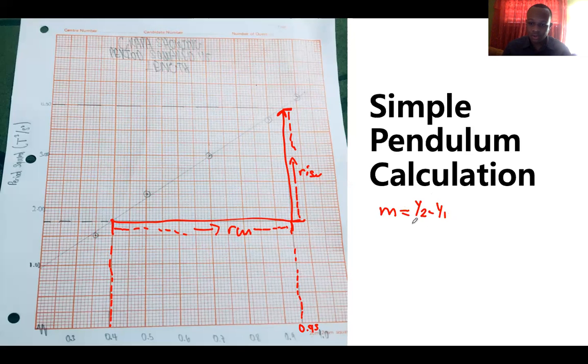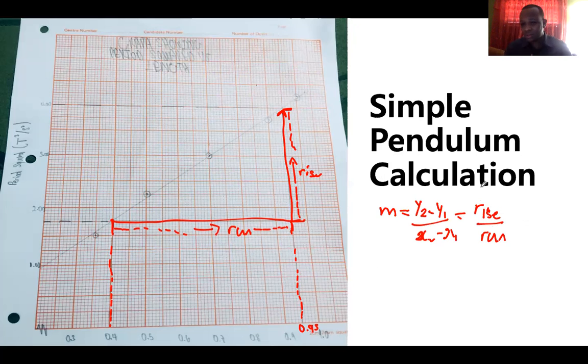Y1 over X2 minus X1. So this is the same thing as rise over run. We can see that this is essentially the same thing as rise over run. Rise in this direction and run in this direction, in our x direction.